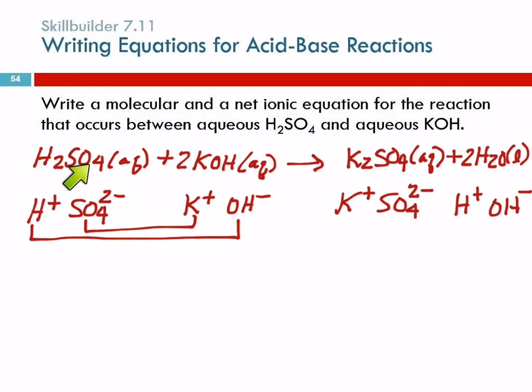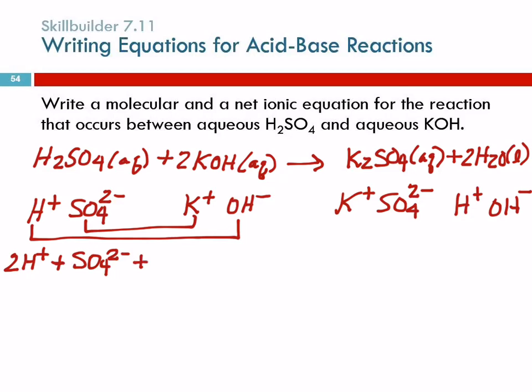And so H2SO4 needs to be separated into ions. Here we have the formulas already. We just have to look at how many of them do we have. We have 2 hydrogens and 1 sulfate. So we've got 2 H plus, and we have 1 sulfate.